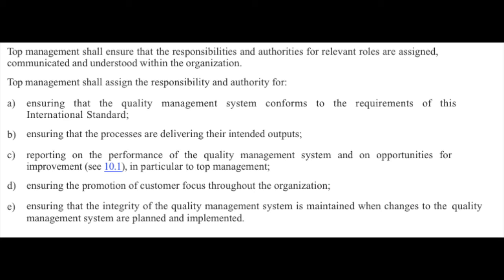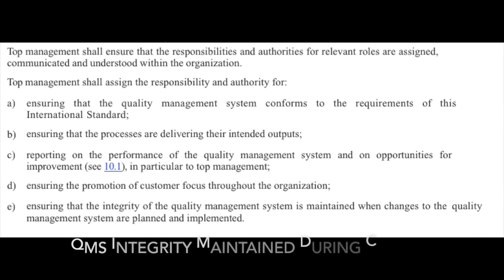Top management shall assign the responsibility and authority for ensuring that the quality management system conforms to the requirements, ensuring that the processes are delivering their intended outputs, for reporting on the performance of the quality management system and on opportunities for improvement. Top management shall ensure that the system maintains its integrity during times of change.